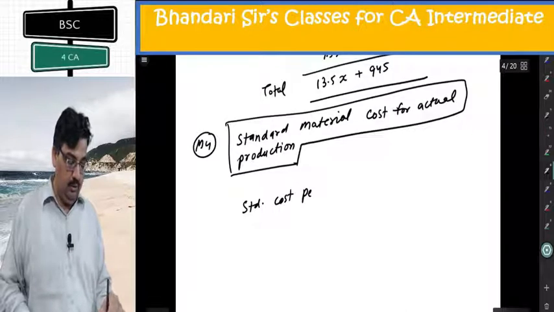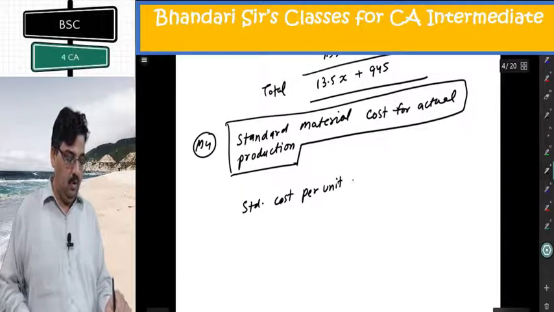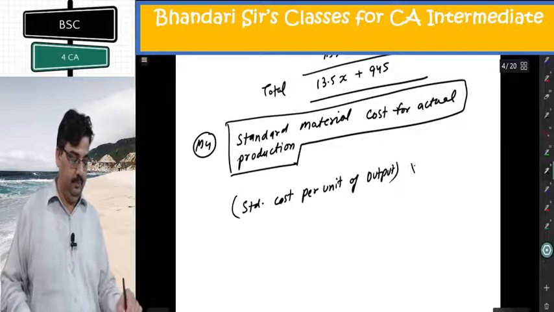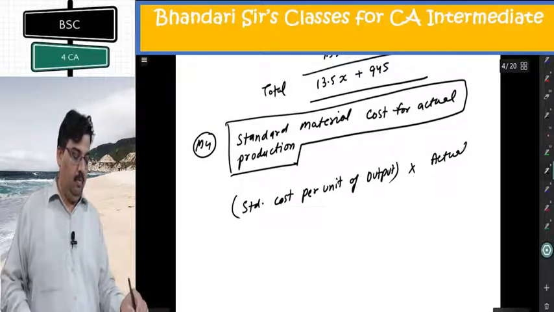Standard cost per unit of output multiplied by actual output in kgs.